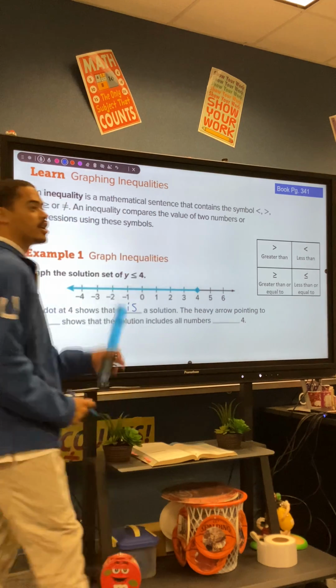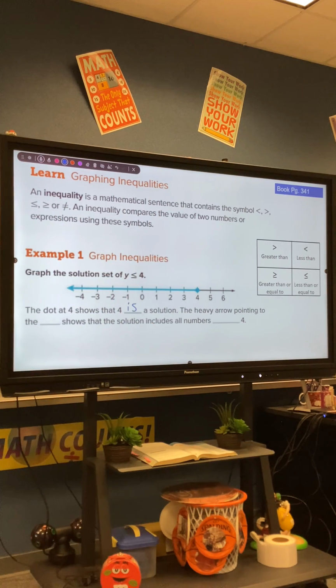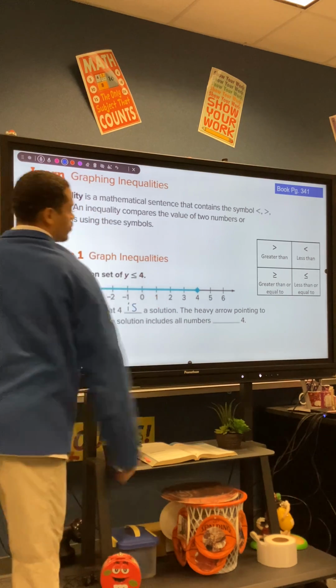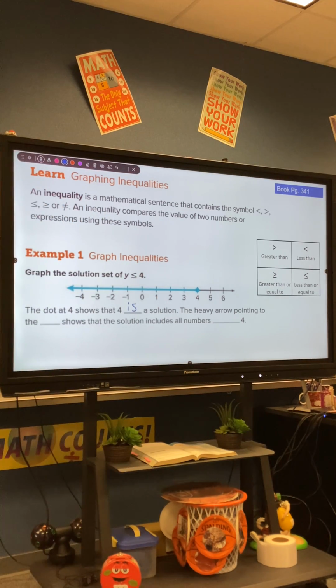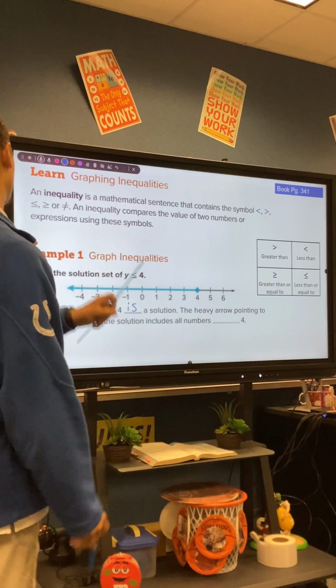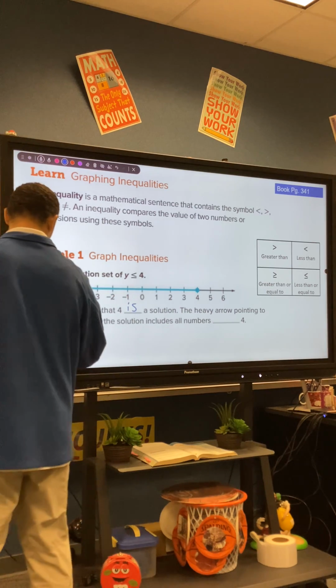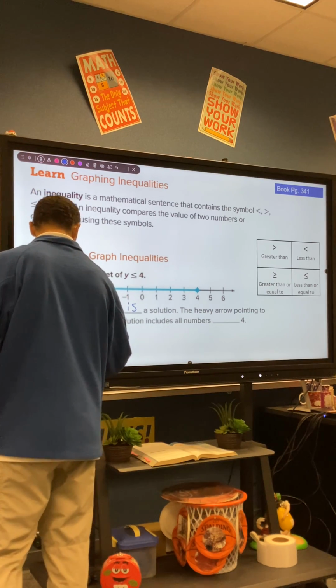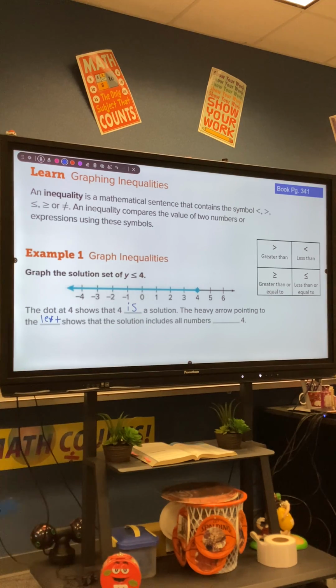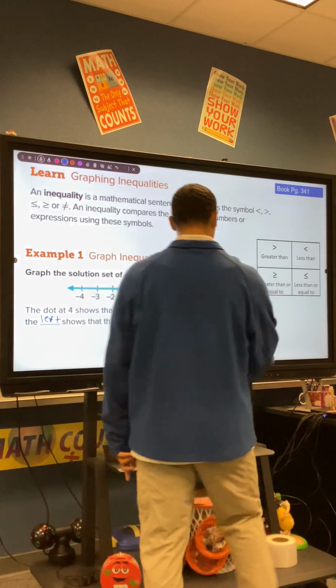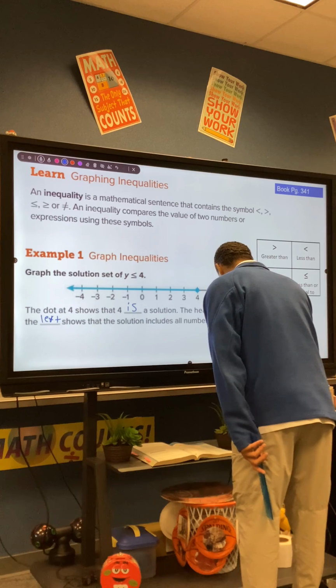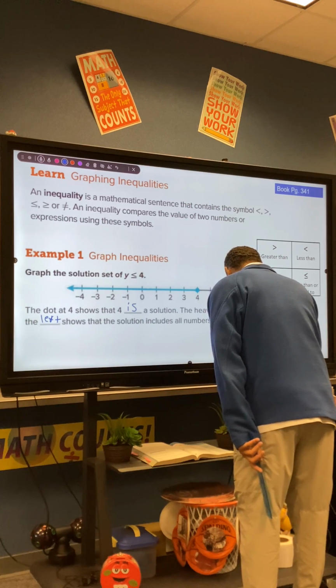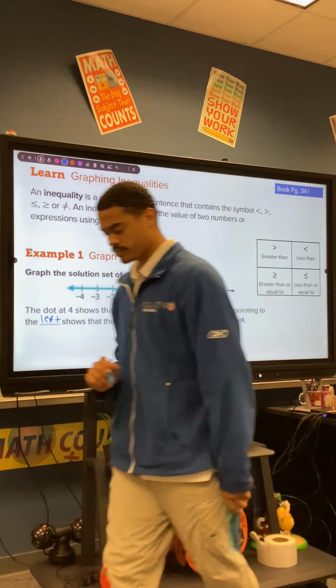And I know that 4 is a solution because my dot is closed, my circle is closed. Which tells me that y is less than or equal to 4, meaning 4 is included in that solution. The heavy arrow pointed to the left shows that the solution includes all numbers less than 4.